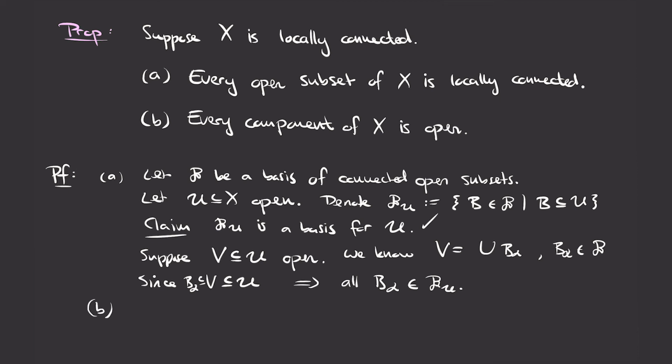For the second part, we basically use the characterization of open subsets in terms of finding neighborhoods around points which still lie within the subset.